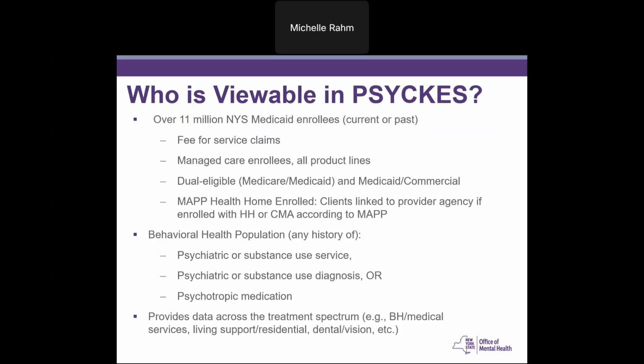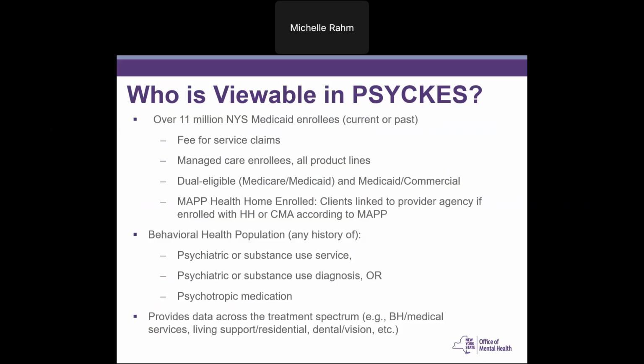And then lastly, we have MAP Health Home Enrolled individuals. So these are clients that are linked to a provider agency if they're enrolled with a health home or care management agency according to MAP. And just something I want to note here is that we have 99% of the health home population in the application.